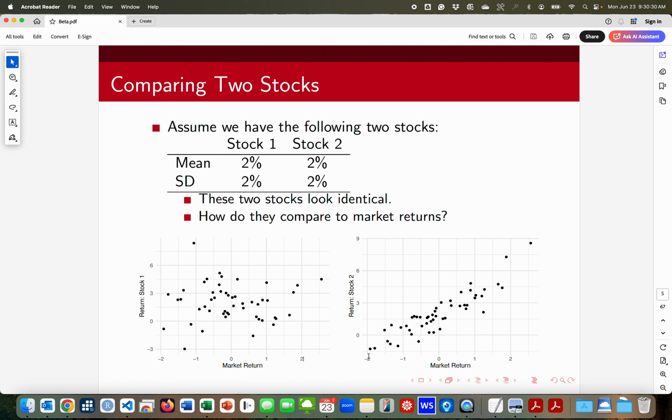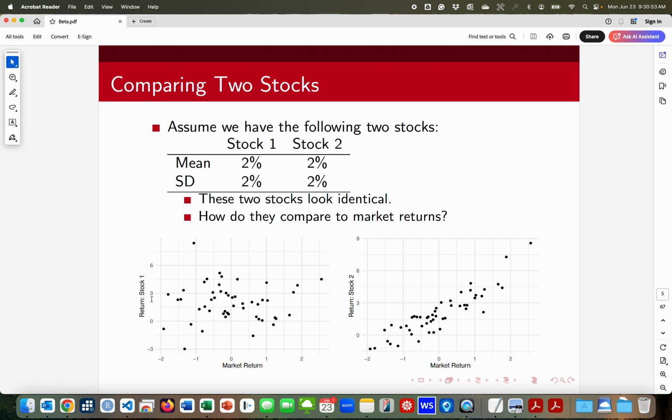So the slope of the line that we estimate through a plot like this is how we estimate beta. Now this is using market returns and stock returns, where what we want to use when we estimate beta is actually the risk premium for the market and the risk premium for the stock, which is just excess returns above and beyond the risk-free rate. But that's all we're thinking about with estimating beta.